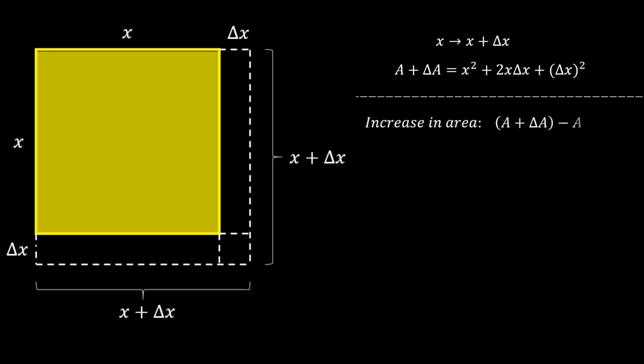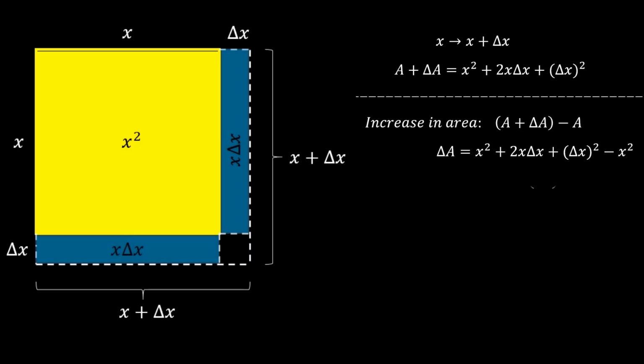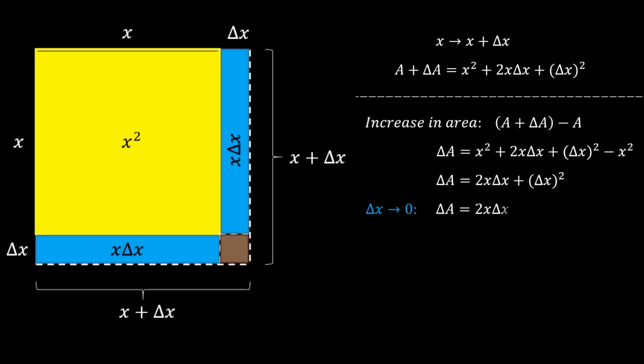The increase in area, delta A, would be equal to 2x delta x plus delta x squared. For very small variation, the change in area would be approximately 2x delta x, or in derivative form, dA over dx equals 2x.